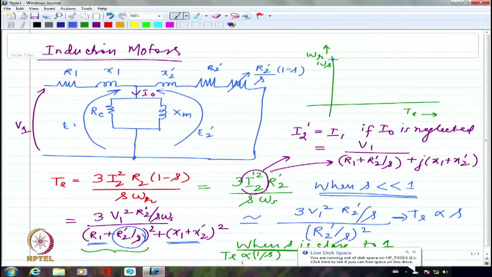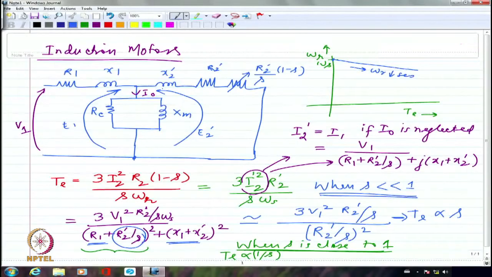So, as I increase the load further and further, I am going to have a reduction in the speed. Reduction in the speed means increase in the slip, because omega s minus omega r is what contributes to slip. So here omega r decreases, or I should say slip increases.